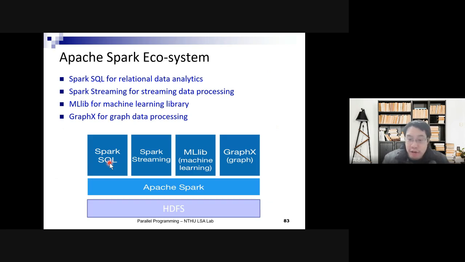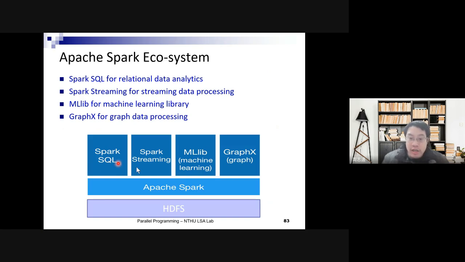So with memory, we can very quickly return the result to the user. So it's possible to do interactive data analysis using the SQL language, unlike Hive. Hive is also a SQL language, but it's not designed for interactive data analysis. But Spark SQL can provide interactive data processing.